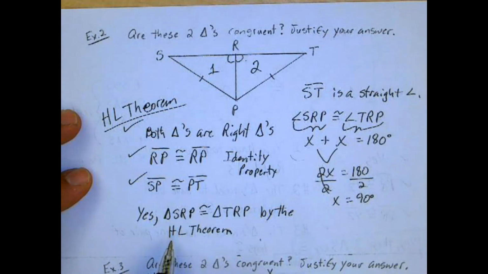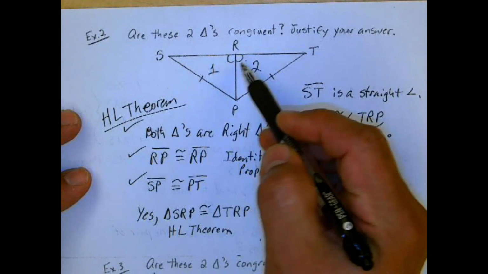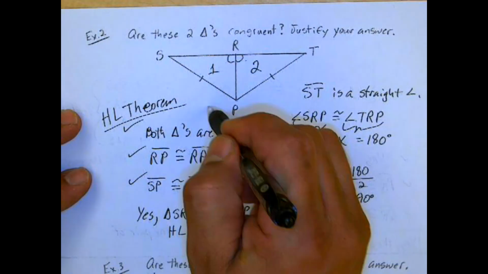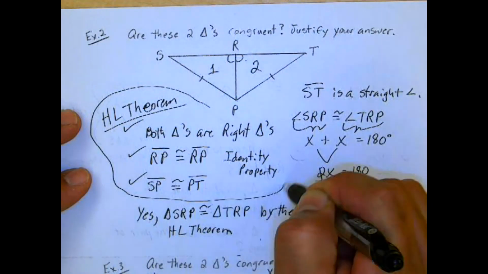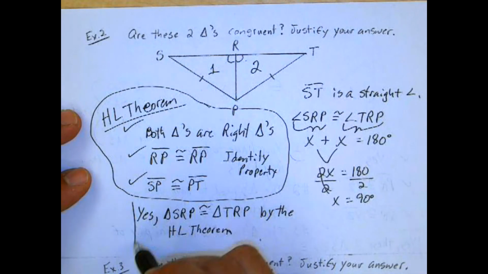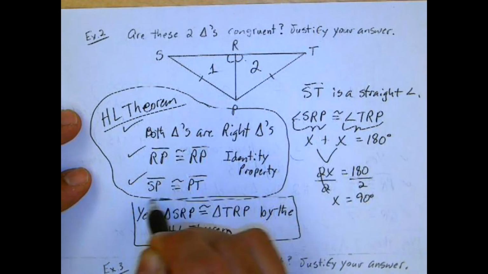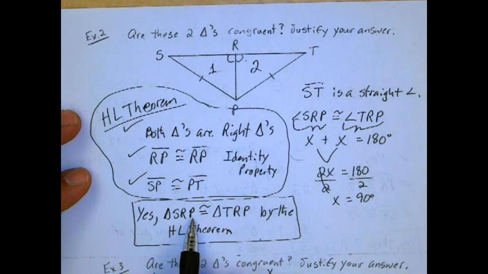And a right triangle is the only one that uses the terminology legs and hypotenuse. So that's another indicator on what to use or when to use HL theorem. You need to have those right triangles in order for this to work. This is you showing your work, and this is your answer at the very end. Yes, triangle SRP is congruent to triangle TRP by the HL theorem.